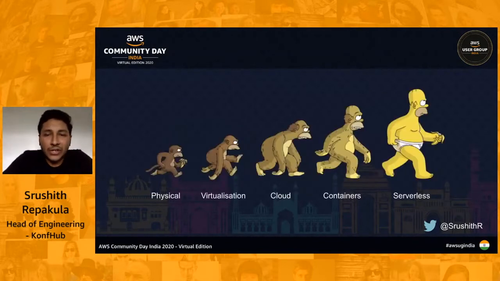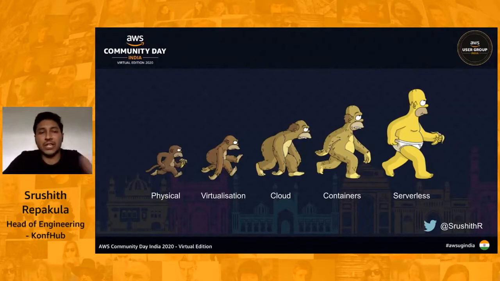Okay, so I'm pretty sure you guys have already understood from the previous sessions what is serverless and where it is coming from, what is the evolution and stuff like that. But I thought I could start with a brief introduction for people who are joining now and need a little bit of intro. This is how serverless has evolved over the years, right?